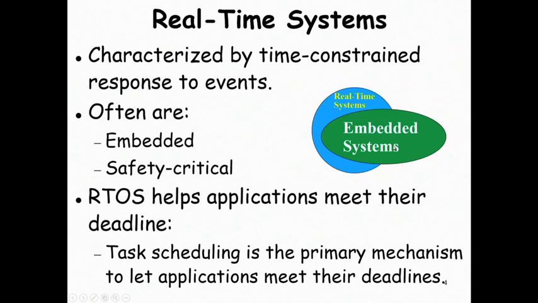So, when we have a real time application, it is the real time operating system which helps the application to meet its deadline. And as I already said, task scheduling is a very important component of real time operating systems, and it is the primary mechanism by which the tasks meet their deadlines.